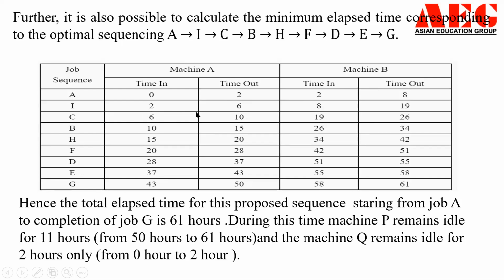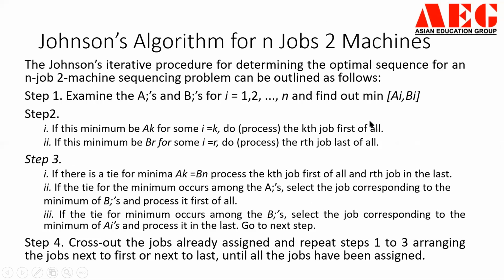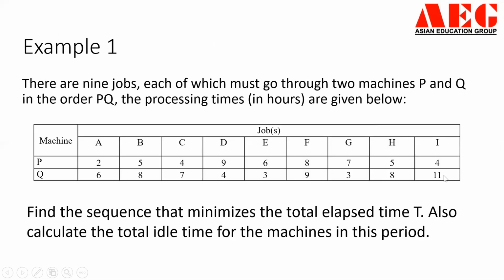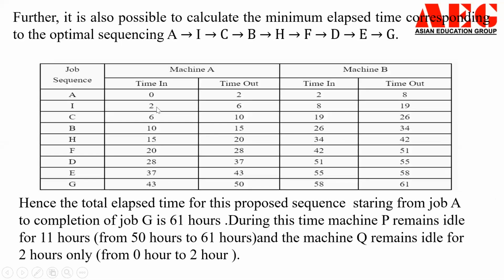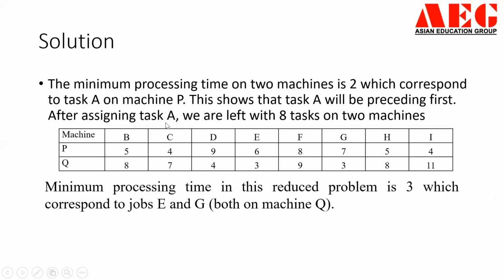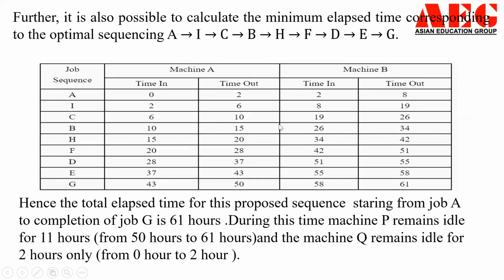So there is 2, and then see the value of job I in your question, which is of size 4, so 2 plus 4 is 6. Now 6, and the size of C is 4, so 6 plus 4 is 10.